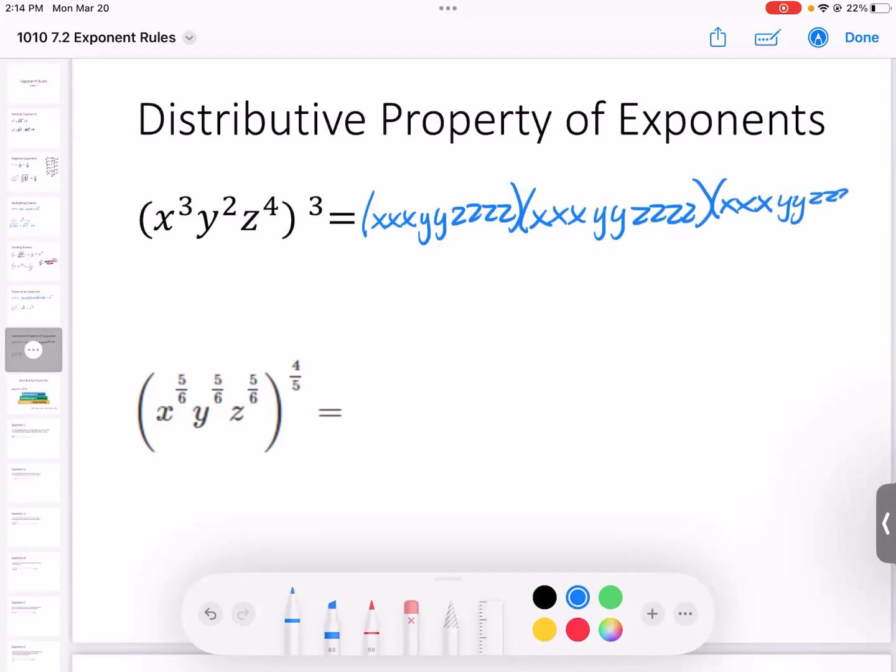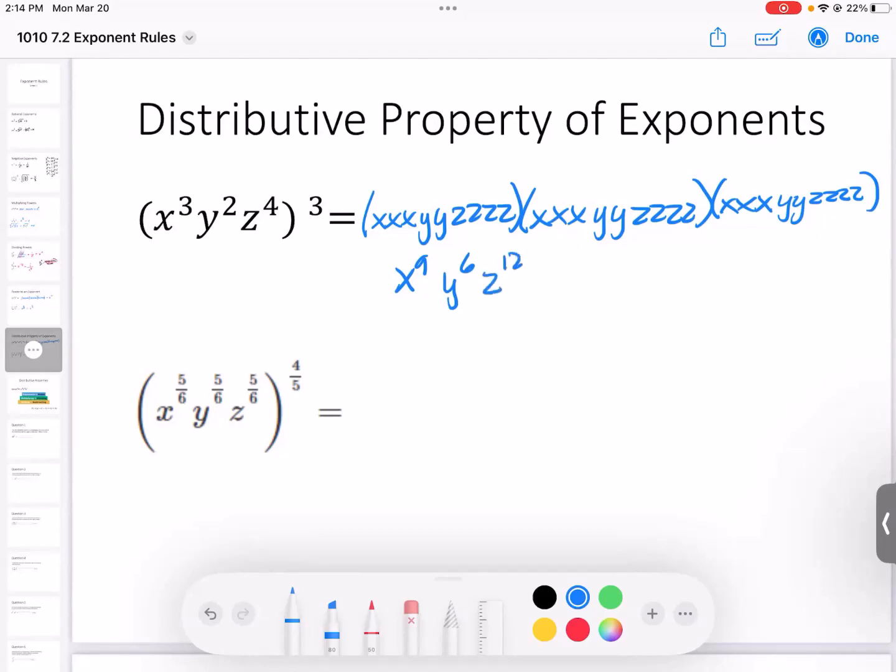I'm glad I chose little numbers because that is helpful. So if you multiply all of that stuff together, how many x's are all multiplied together? 9. So this is going to be x to the 9th. If you multiply all the y's together, how many will there be? 6. And if you multiply all the z's together, 12 of them.